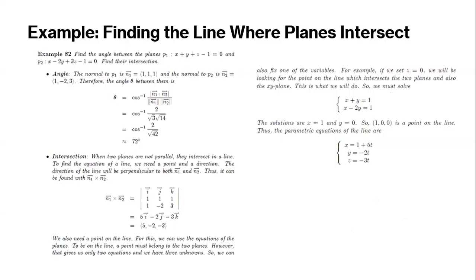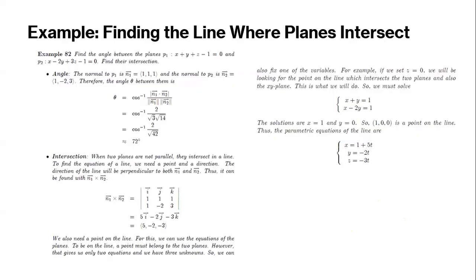Okay, so the question says, find the angle between the planes x + y + z - 1 = 0, and x - 2y + 3z - 1 = 0. We're asked to find their intersection. So the first thing we do is we find the angle. Now, we find the angle using this formula here, cos inverse of n1 times n2 over the magnitude of n1 and n2.